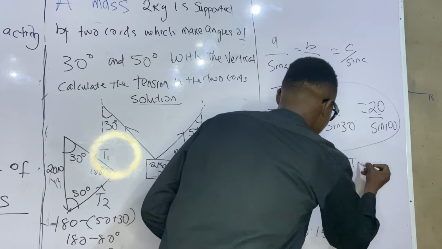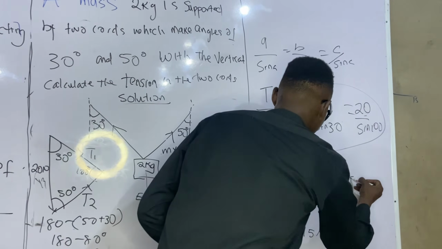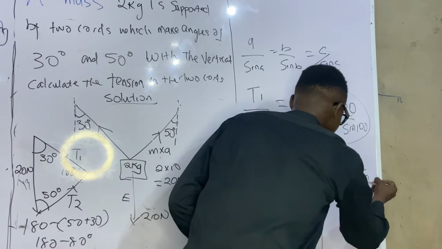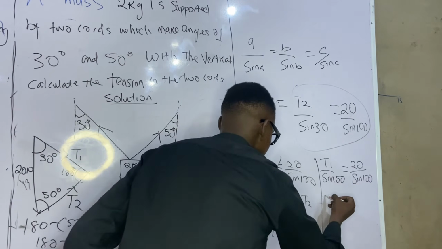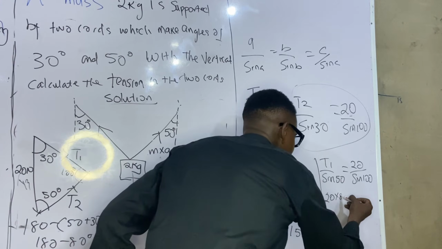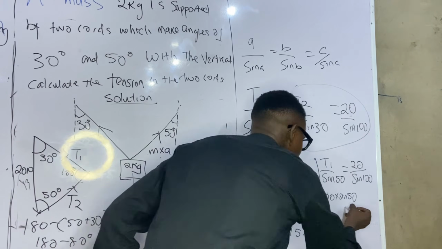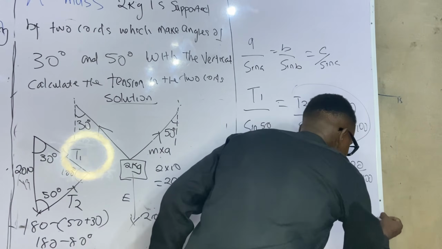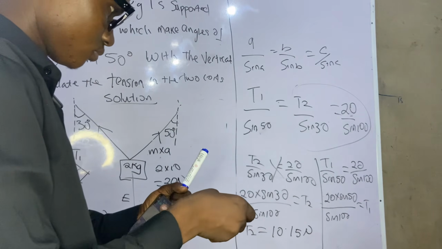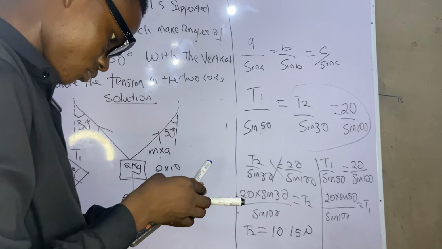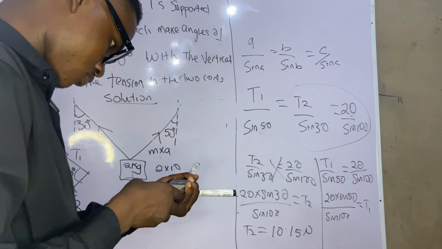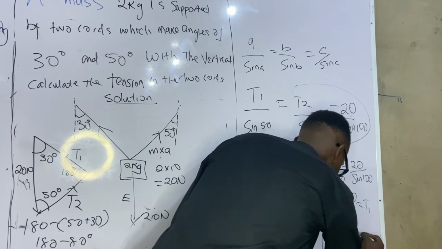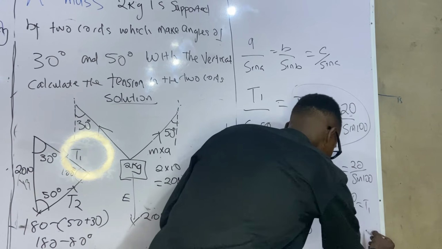So let's get T1. That will be T1 over sine 50 equal to 20 over sine 100, still the same thing. So 20 times sine 50 all over sine 100 is equal to T1, which is approximately 15.6 newton.